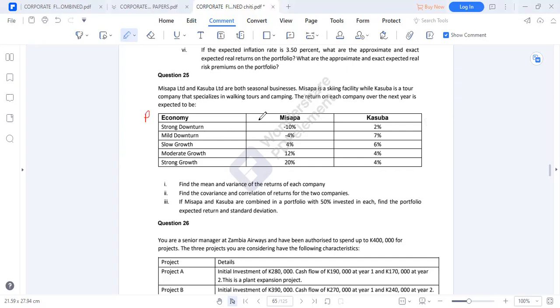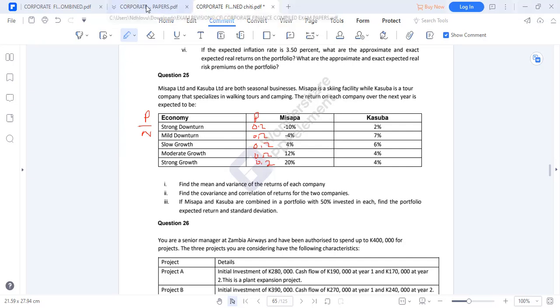Meaning this probability here will be 0.2, 0.2, 0.2, 0.2, 0.2. If there were 4 probabilities, we would divide the 100% probability by 4. So we're dividing by 5 because we have 5 states of nature.